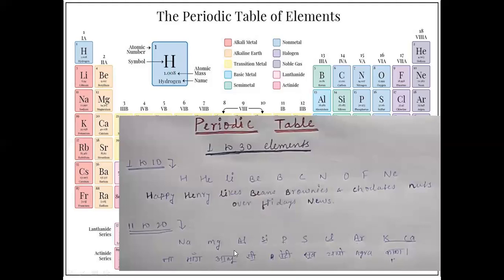Please try to memorize. You may have some better options to memorize, yes, but you need to memorize them because this is very basic, up to 20. You'll learn all the properties of it in this order.